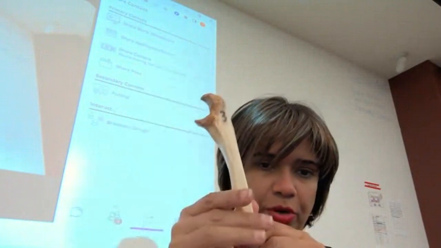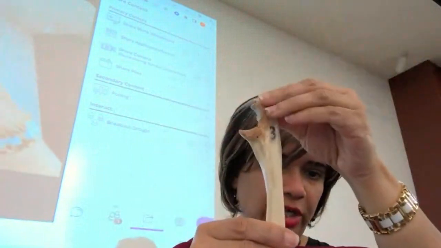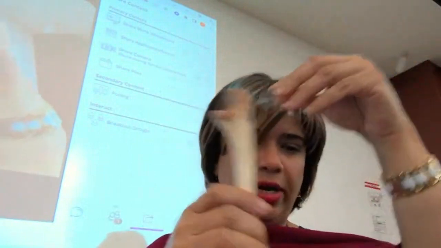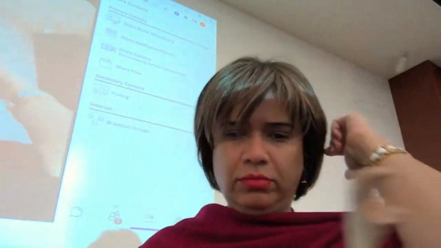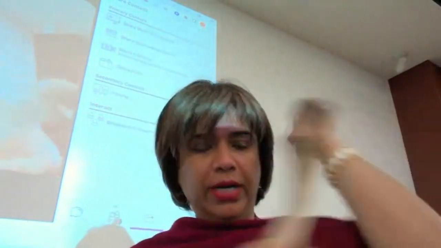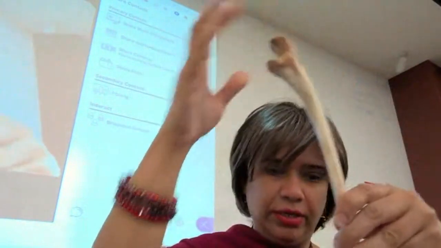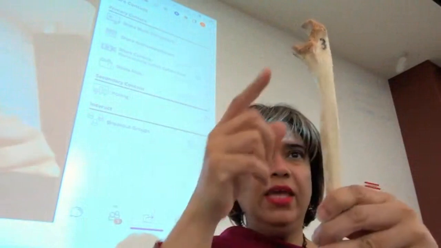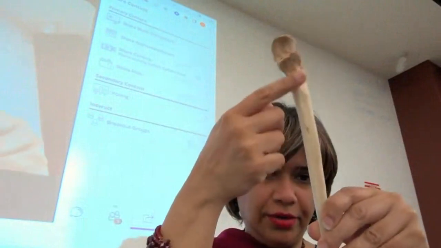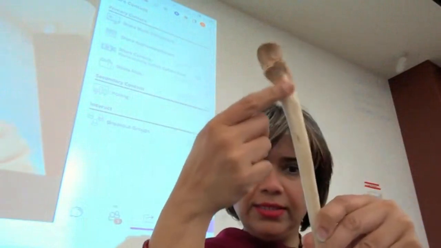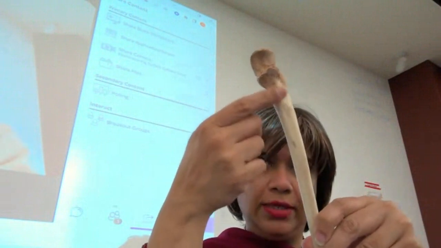This is olecranon process up top, the big chunky one. This is what makes your elbow. This protruding part is made by this olecranon. Okay. Then we have right here, you see this protuberance. This is your ulnar tuberosity.